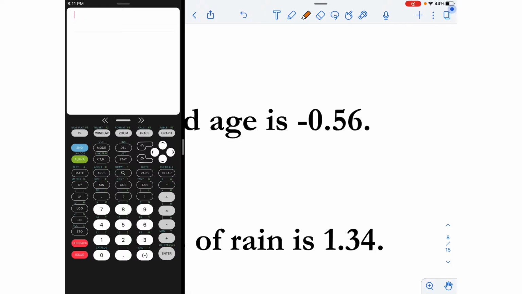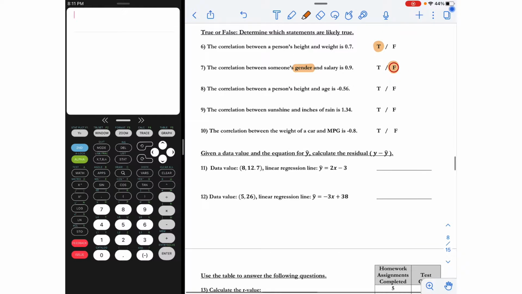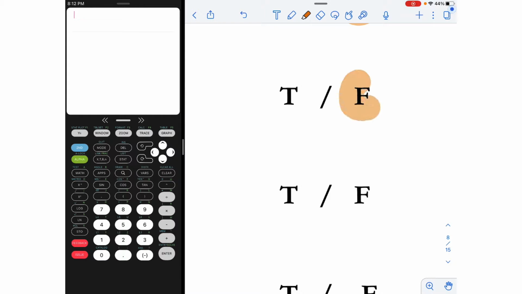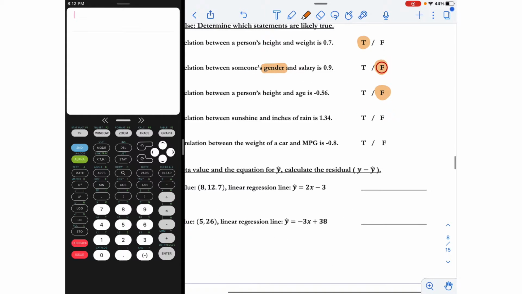A negative correlation would mean the older you get, the shorter you get. And that's not the truth. I guess you could argue at the end of your life, you start shrinking again. Let's just think about in general. So think about children. The older they get, the taller they get. So I would say this one's false. It should not be a negative correlation.